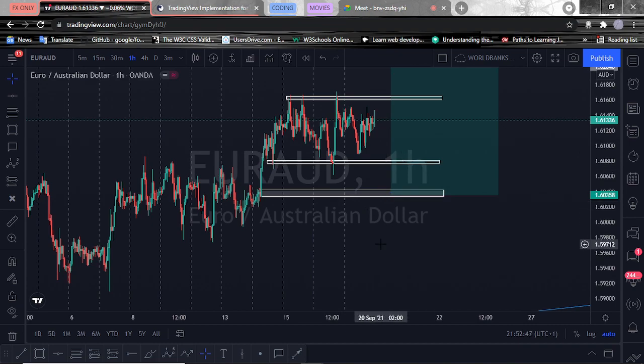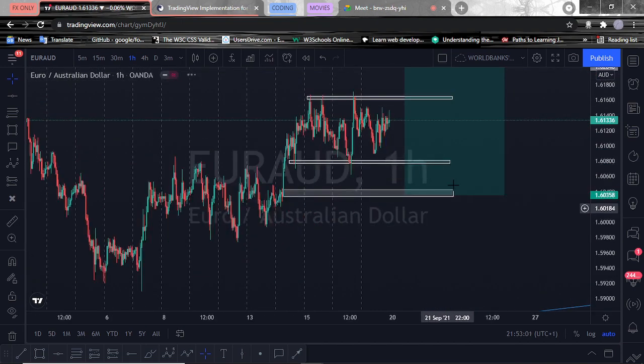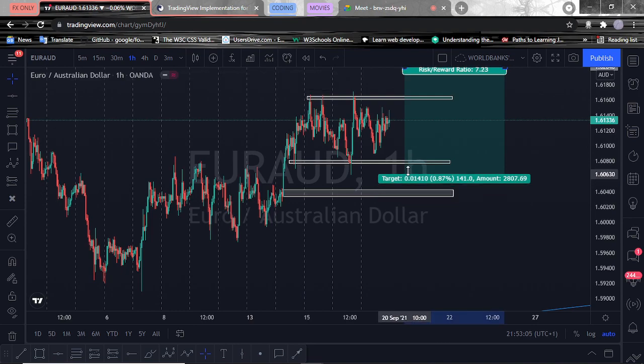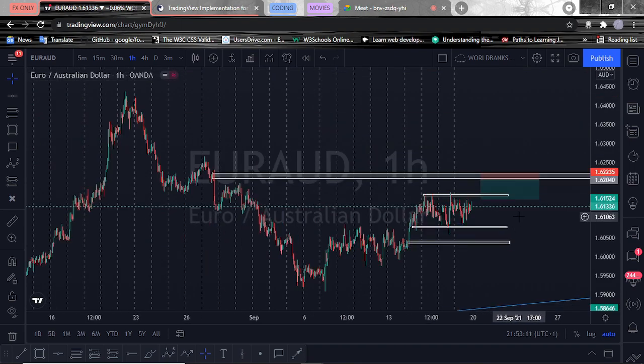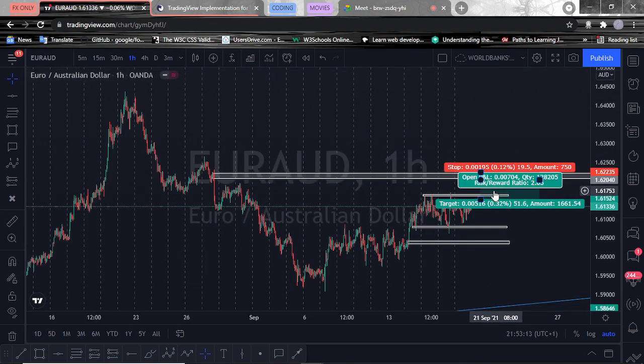So let's say your lot size is 0.1 and you're on a $100 account. So 0.1 on 5 pips, that's how much? That's 5 USD. Yes, that's 5 USD. Now we are losing. Let's say your TP is 50 pips and your SL is 5 pips.